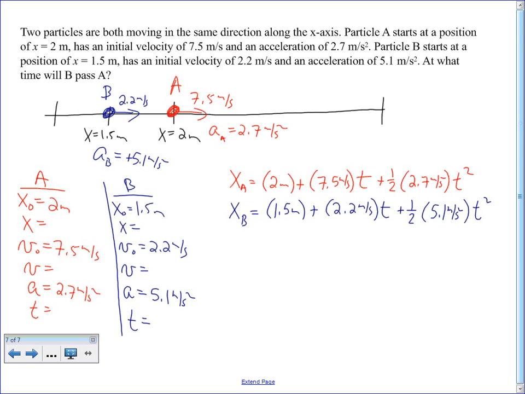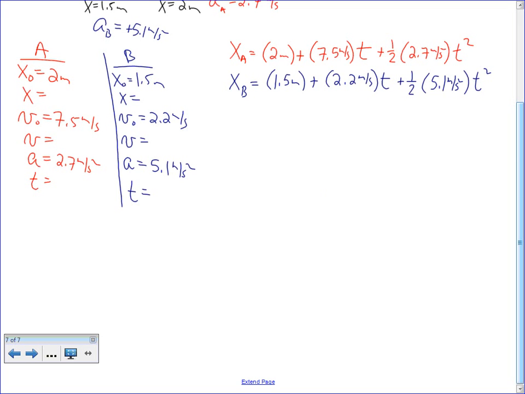And again, we're going to set those two equations equal to each other. But we can see already that this is not going to be as simple as the last one. I'm going to drop the units for this just to make things a little bit simpler.